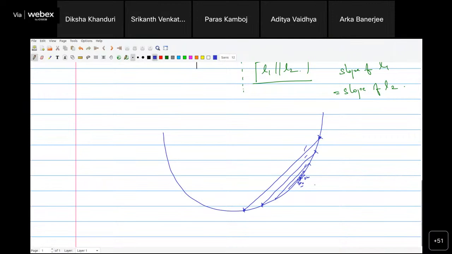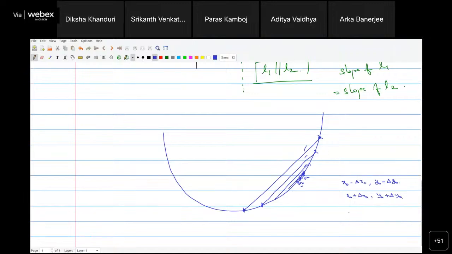So what will be the slope of that line? One point is x naught minus delta x naught and y naught minus some delta y naught, and another point is x naught plus delta x naught, y naught plus delta y naught. Okay, these 2 points. I am talking about the very nearby points.